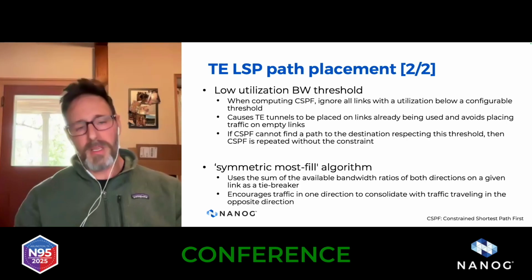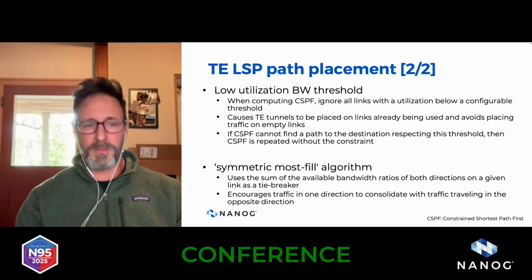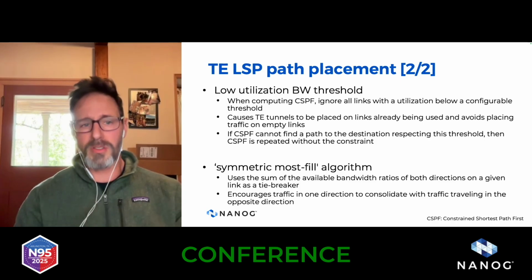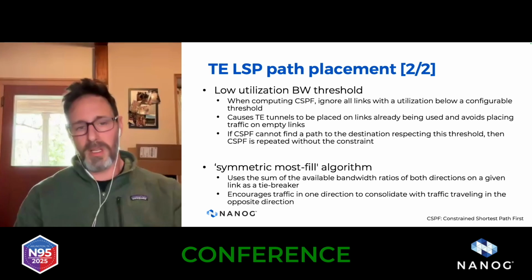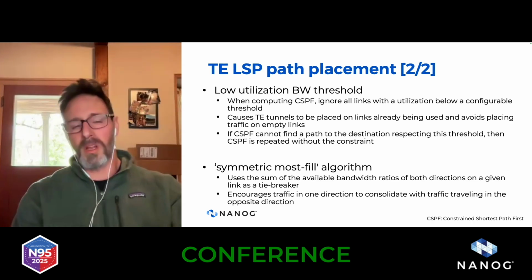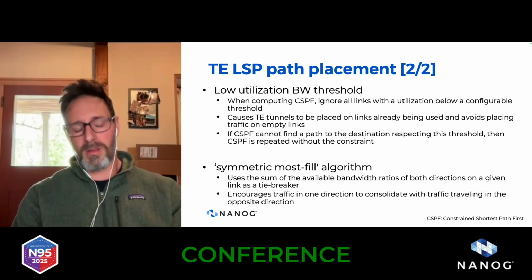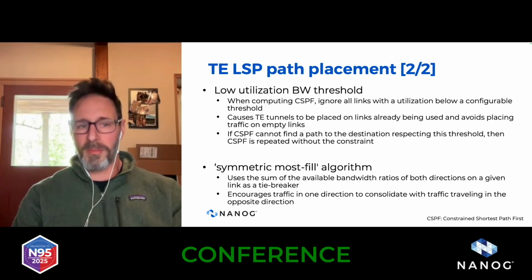The second item here that's equally as important is that all of our path placement algorithms today are unidirectional. Ingress routers that are typically running CSPF, or even an off-box PCE, are typically doing unidirectional path placement.